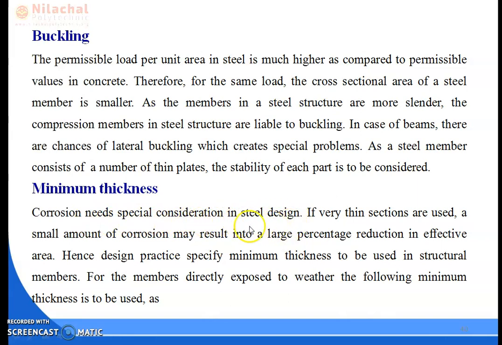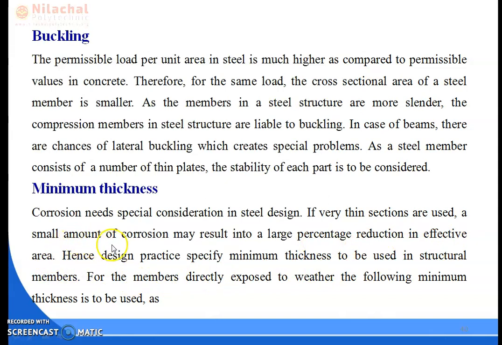Steel is an alloy of iron, so there are chances of corrosion. If very thin sections are used in steel design, a small amount of corrosion may result in a large percentage reduction in the effective area.